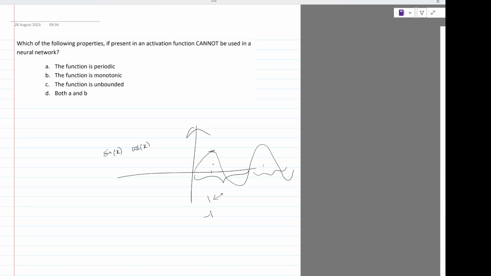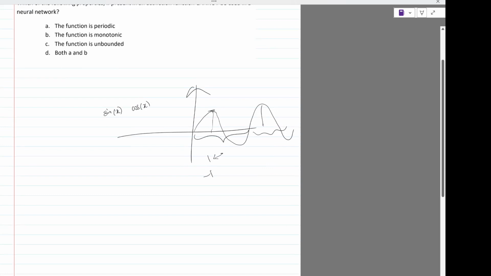Many values will be mapped to this point. Gradient at this point is 0. It need not be that for all periodic functions you have gradient 0, but it is possible.